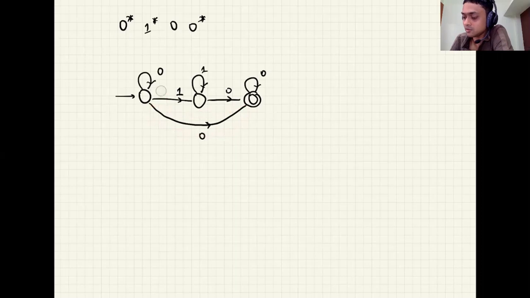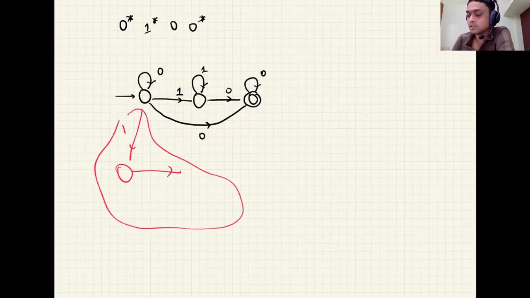Can there be multiple automata for the same language? Yes, there could be. For example, I can always do crazy things. Like I just do one and then do something, and have no accepting state from this side. And here I can do whatever I want because it will not affect the acceptance.